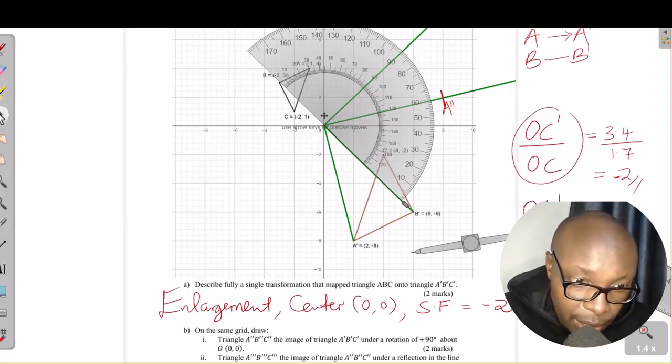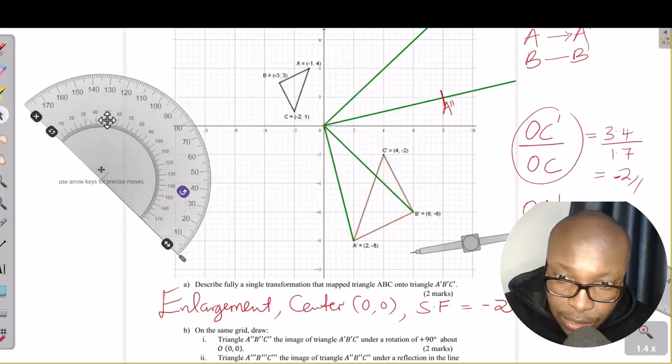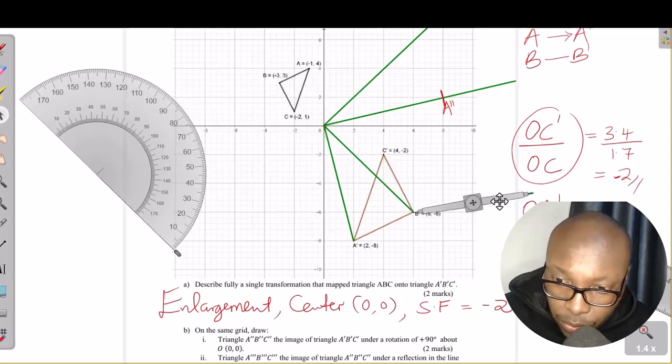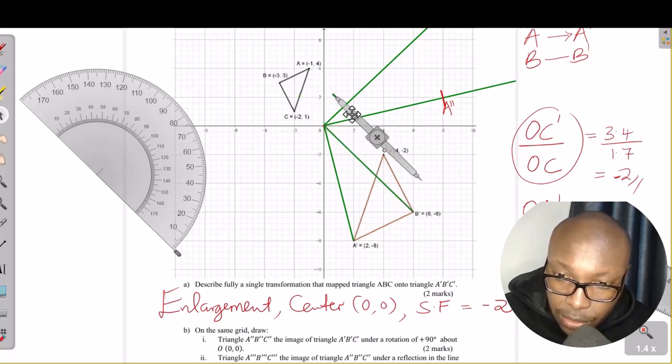Then the next thing you do is take the measurement from B to O. Take that measurement, and then transfer it, standing at the origin, and mark an arc.